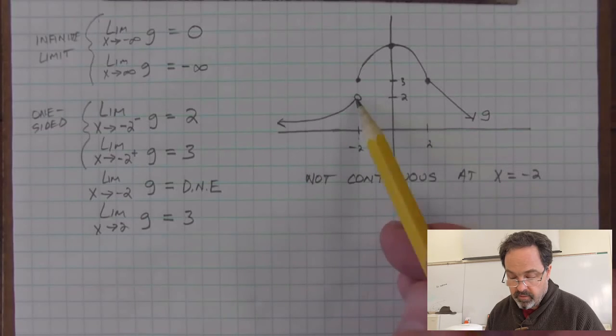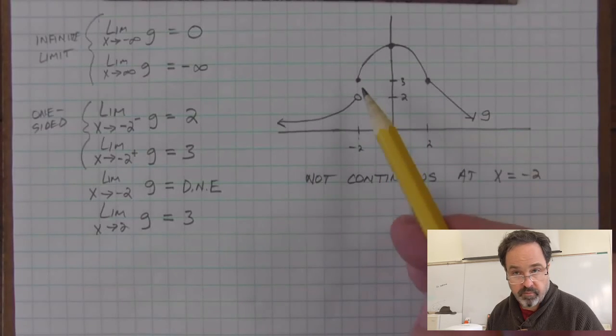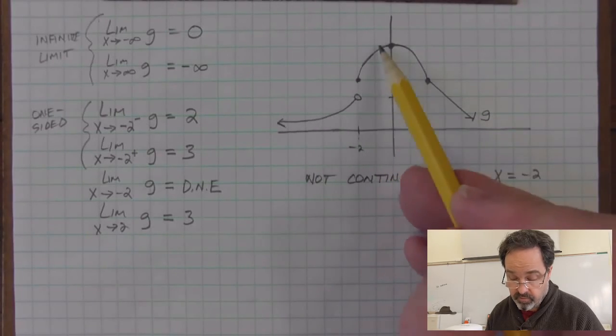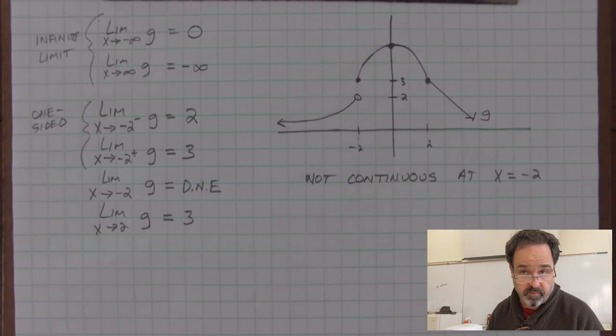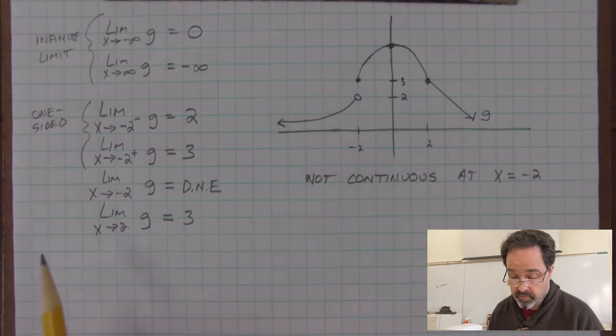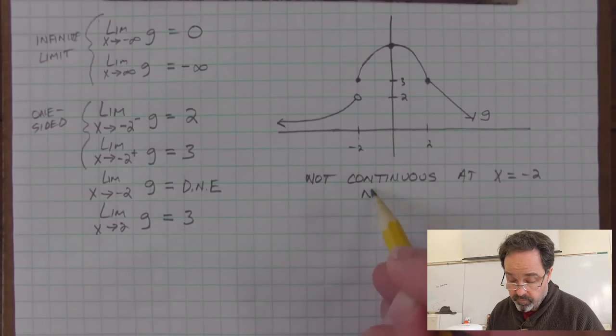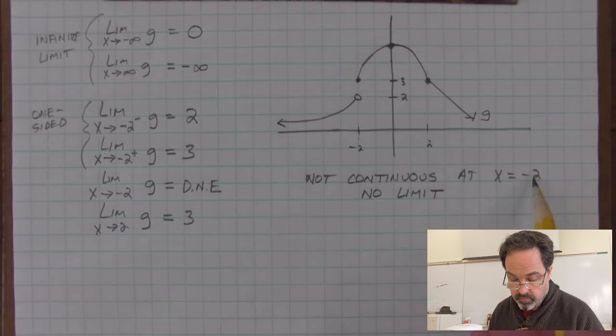In drawing it, you'd have to lift up your pencil at negative 2 to continue drawing. It's not continuous because you have to lift your pencil, which is an informal justification of why it is not continuous. The formal reason why is because there is no absolute limit at negative 2.